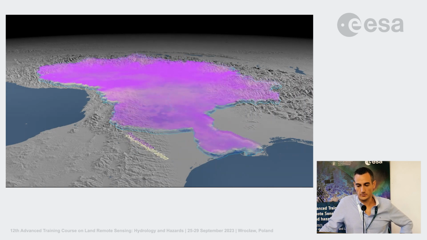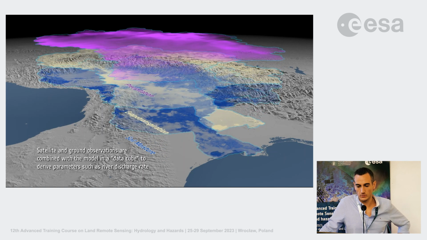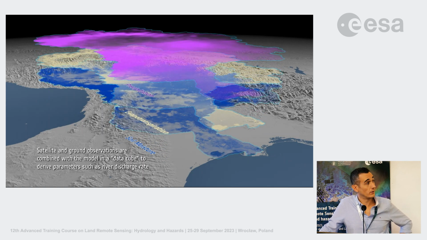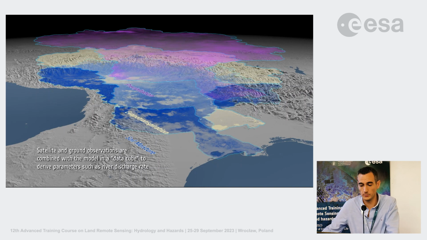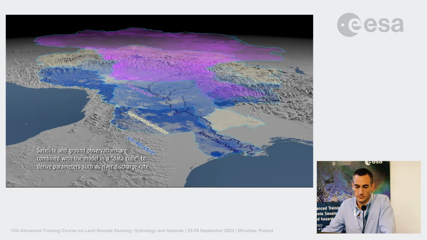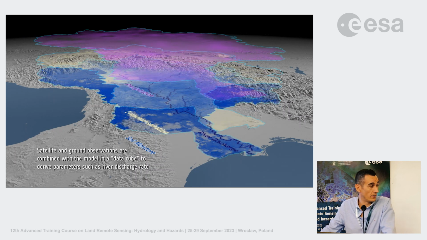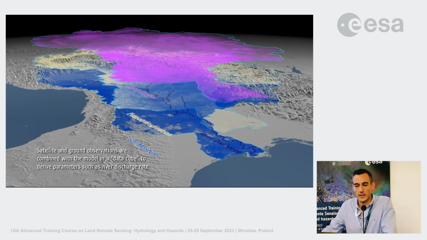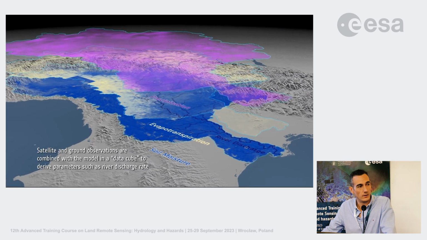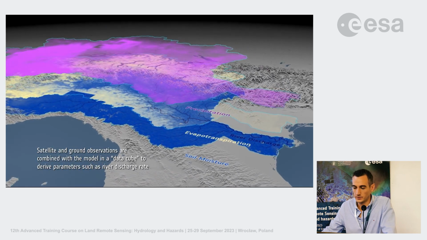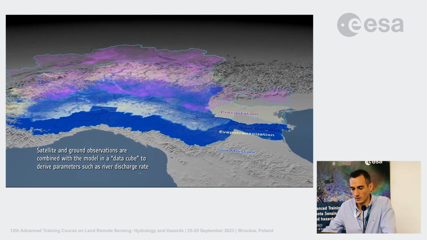There is evapotranspiration, precipitation, and all these layers are stored in what we call a data cube, four dimensions, because it's space-time, three dimensions, and then several variables. We can couple these datasets with hydrological models to estimate, for instance, river discharge.